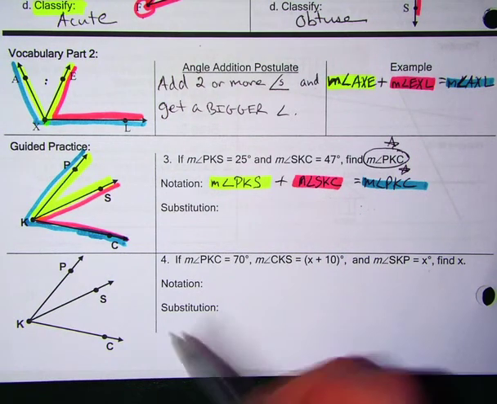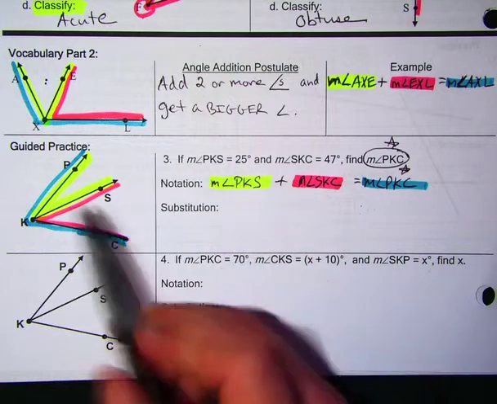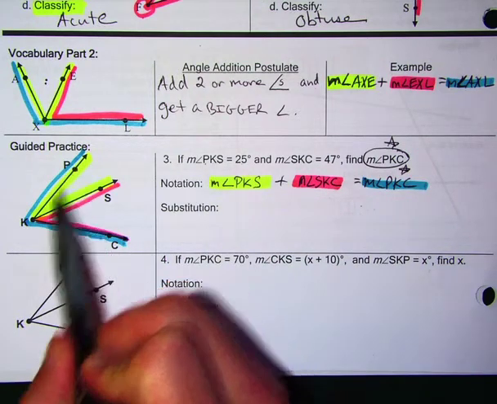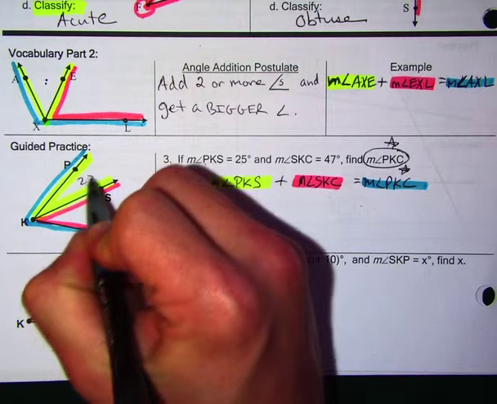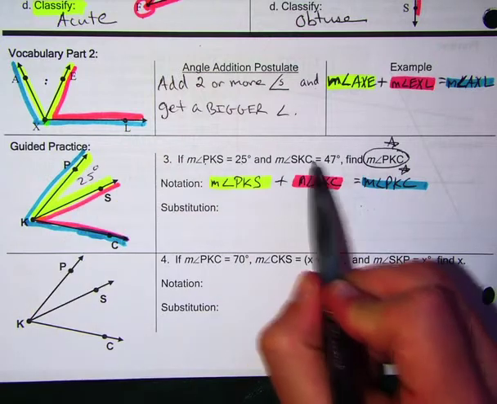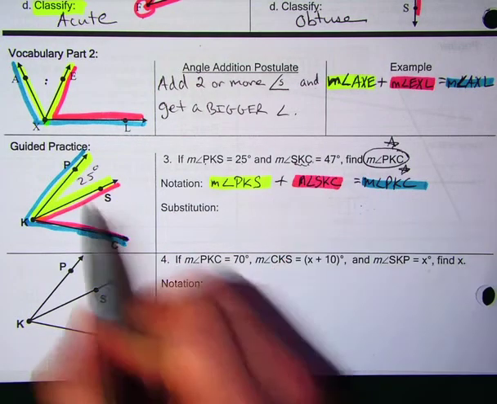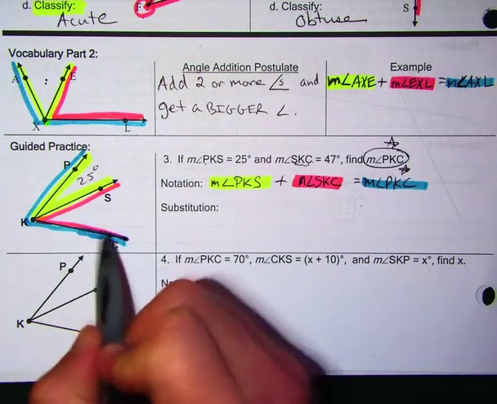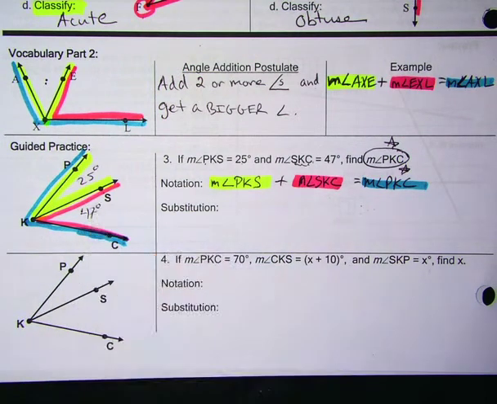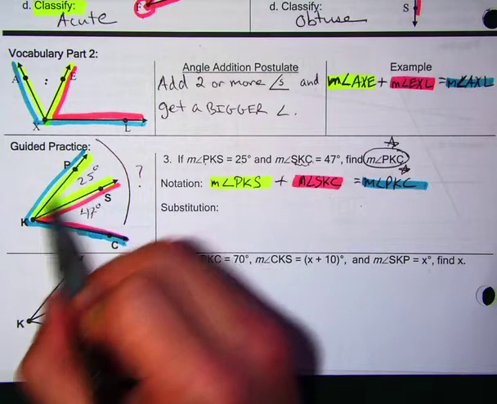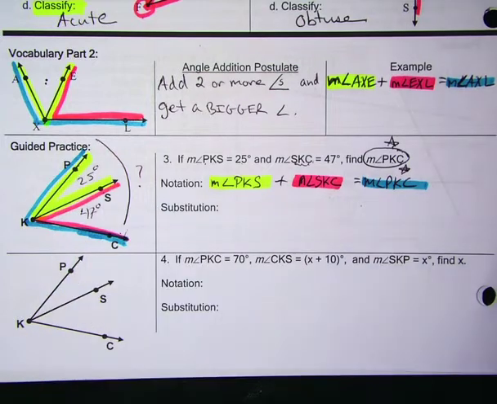And now let's substitute. Before I do that, I'm going to mark this diagram up. It says that PKS is 25. So PKS, that's 25 degrees. SKC is 47. S to K to C, that is 47 degrees. So I want P to K to C, I want the whole thing.